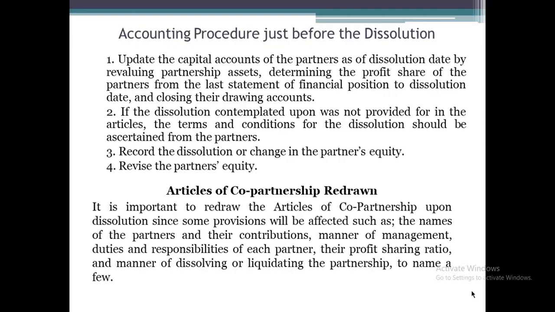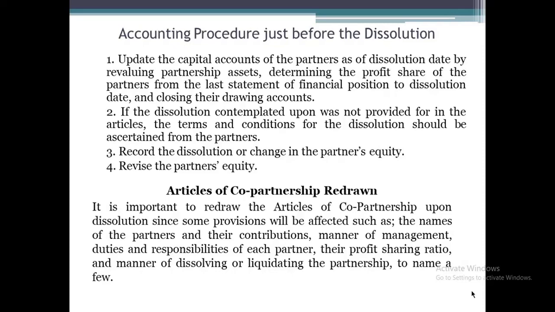Ayan, so hindi pa nila na-distribute yung profit as of from January 1, 2021 to May 2021. Ayan, so i-update nila yun, i-distribute nila yung hati-hati sa profit from January 1 to May 31, 2021.